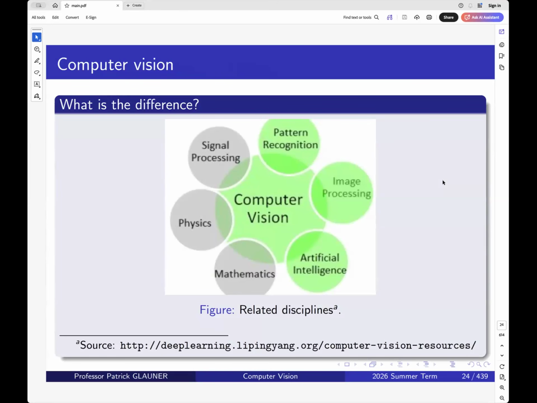Now, computer vision has a lot of intersections with other fields. Obviously, for example, with AI and machine learning. But there are other interpretations of computer vision, for example, from a signal processing perspective. So you're taking this course in our computer science department.